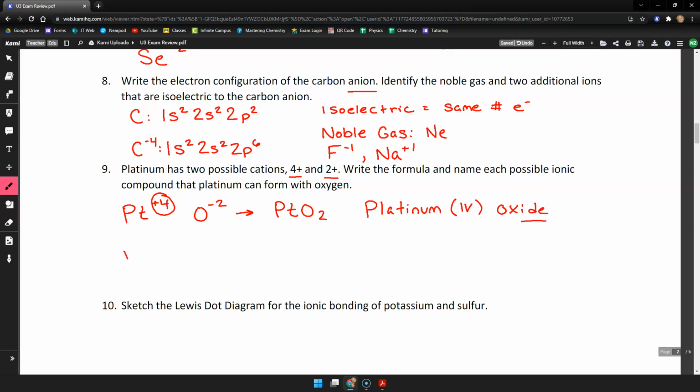Okay, if platinum has a +2 charge, oxygen has a -2 charge, we just smash them together. So platinum and oxygen. Since platinum has a +2 charge, this will be platinum(II) oxide.